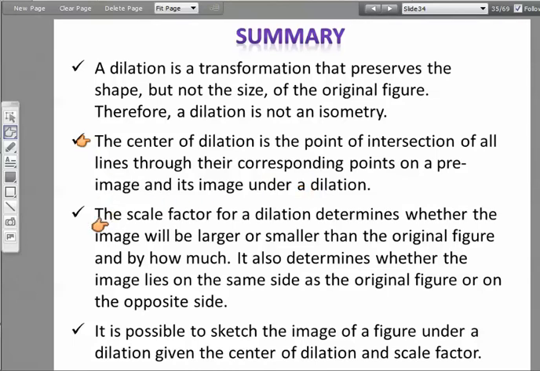The scale factor for a dilation determines whether the image will be larger or smaller, and by how much. And it also determines whether the image lies on the same side or on the opposite side. And it is possible to sketch the image of a figure under a dilation given the center of dilation and the scale factor.